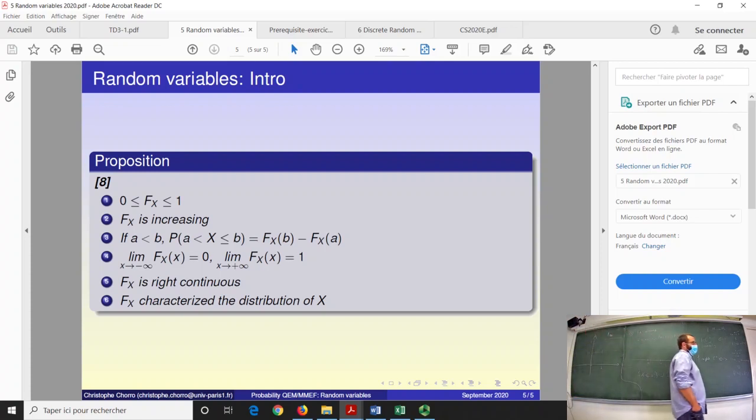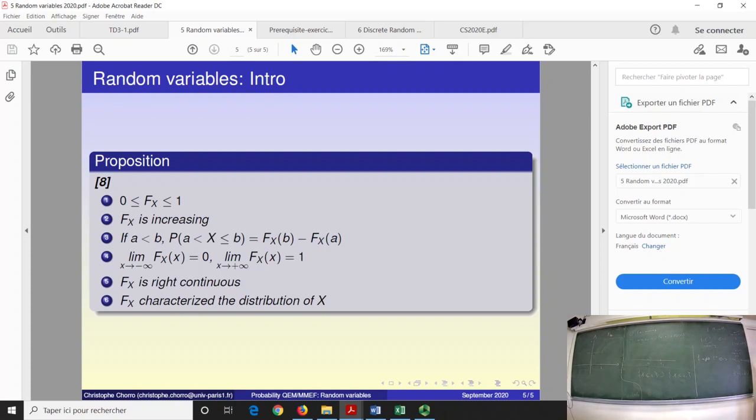I said that the distribution function characterizes the distribution of X, as we can imagine by its name. What is the meaning of this? It means that if you have two random variables with the same distribution function, they have the same distribution.